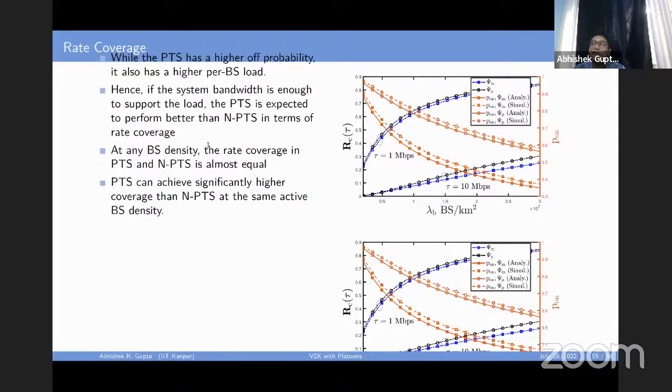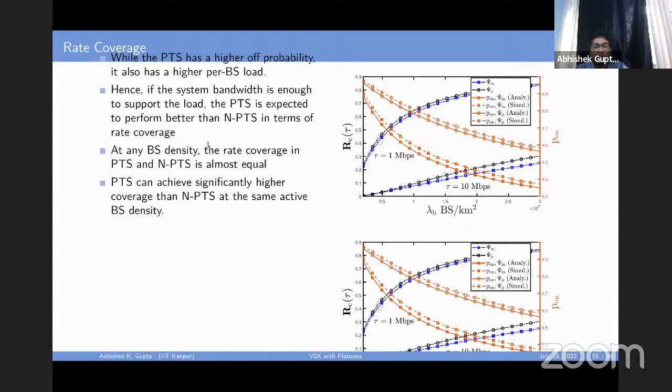But it also has a higher per base station load. So these are contradictory things: you do have less activity, which means you can save power and reduce interference, but you also have on average a high base station load. So if the system bandwidth is enough to support this high load, then you are better off in the PTS because your SINR will decrease. And that is the reason we actually wanted to see how the rate coverage behaves.